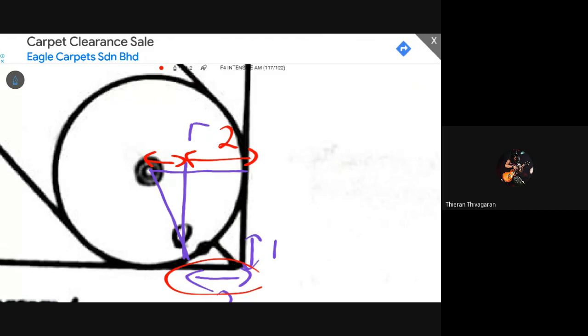R tolak 2. Yes, betul. Sebab tadi saya buat anggapan seluruh panjang ni adalah R. The whole length from the center, titik tengah bulatan ke lilitan, the circumference is R. Okay, maksudnya yang kecil ni R tolak 2 lah. Yang ni. Okay, yang ni 2. Masih dapat R bila kamu tambah.